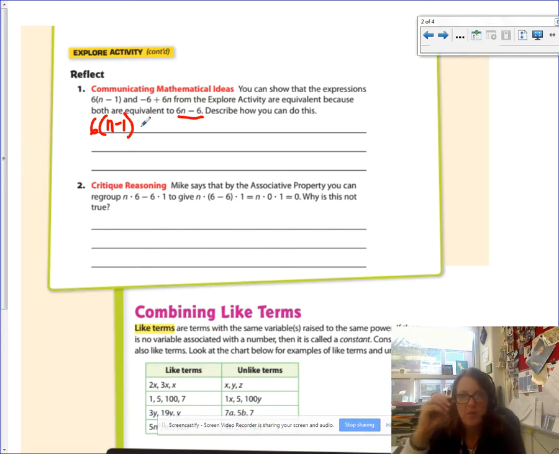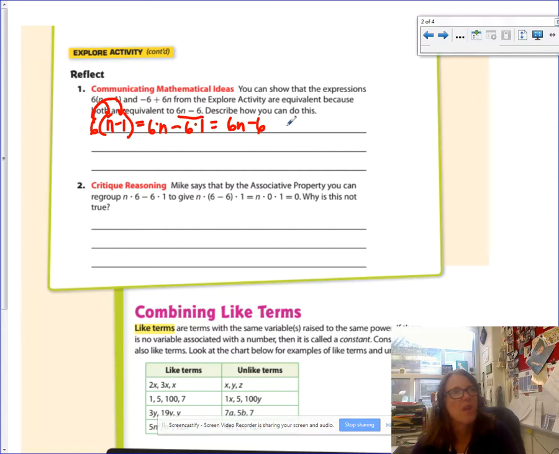The distributive property says if you have something being multiplied against an entire blob of information in parentheses, you can multiply each term times whatever's on the outside. So this means 6 times the n, and then I'm going to subtract 6 times the 1. And if I keep simplifying this, I get 6n minus 6. Now, I showed you what this was, and it's asking you to describe, okay?